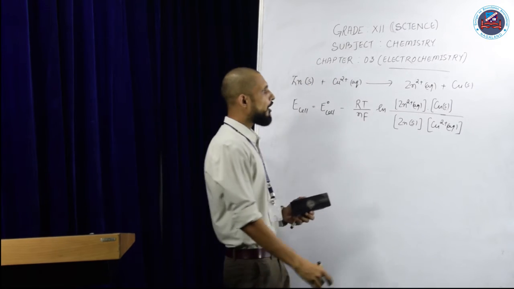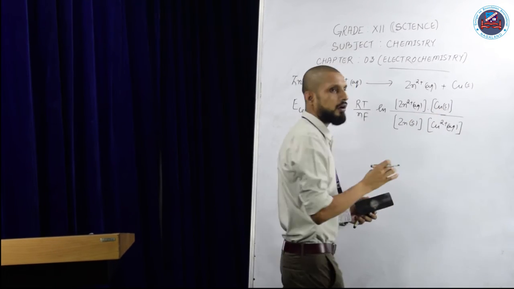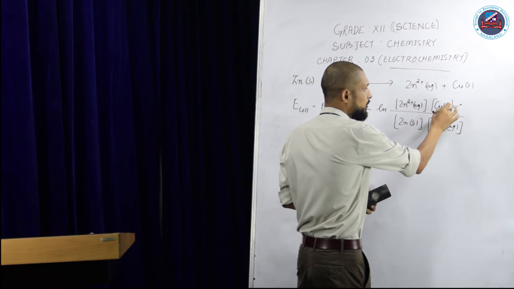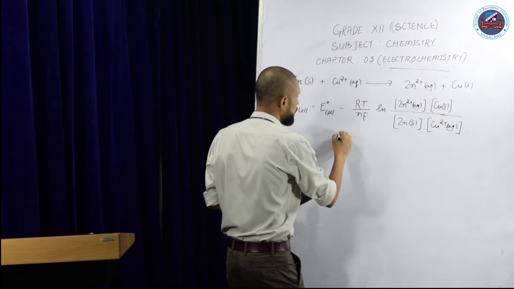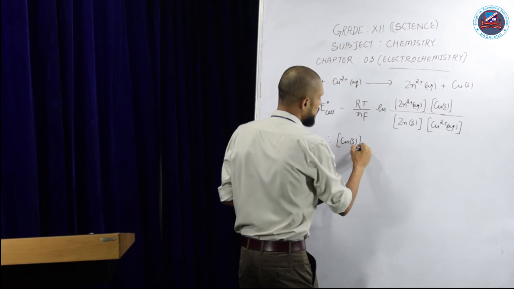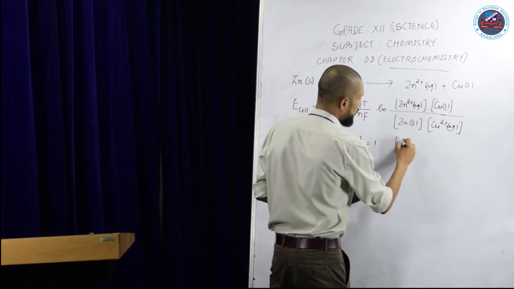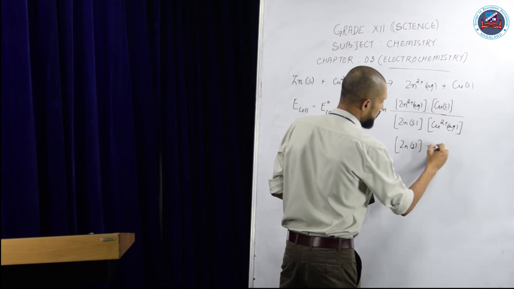Now we know the concentration of species in the pure state, that means solid, is equal to 1. So we can write from here concentration of Cu(s) is equal to 1, concentration of Zn(s) is equal to 1.